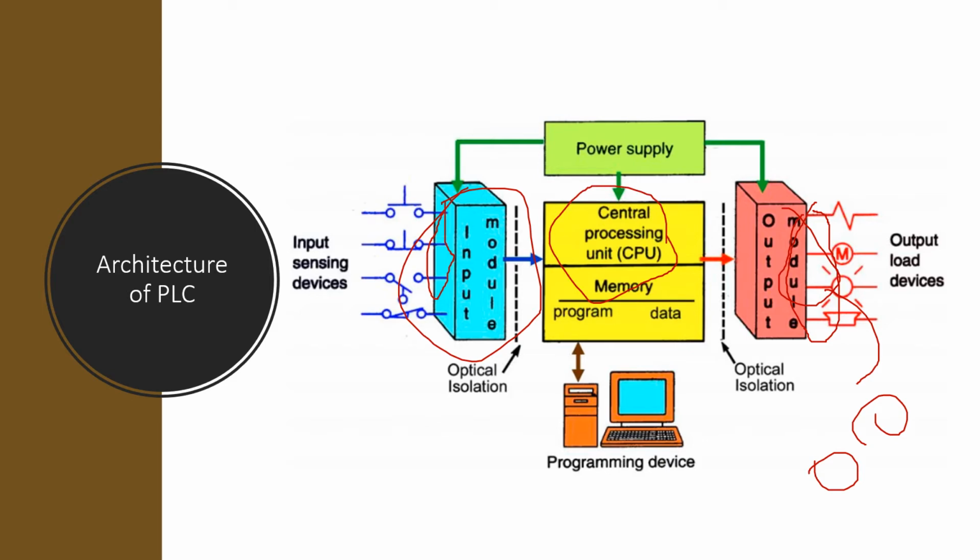The CPU carries out logical operations like addition and subtraction. We have a memory also, and we have the power supply. The PLC acts on constant voltage and current, so it has an inbuilt voltage converting power supply. This is the architecture of PLC.